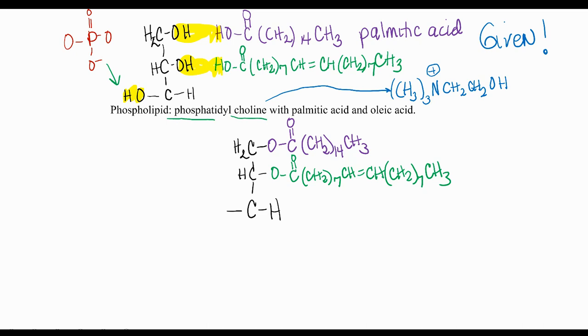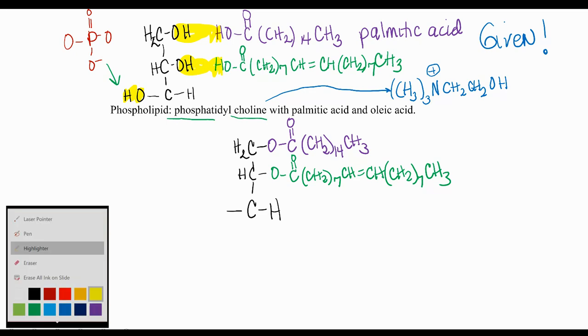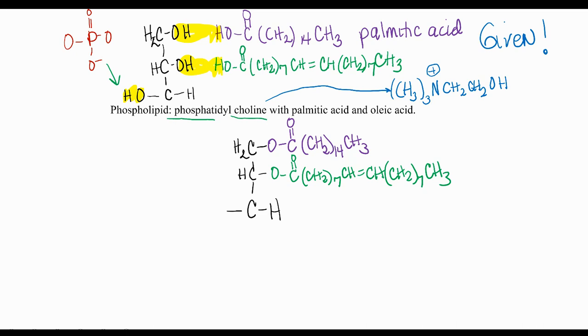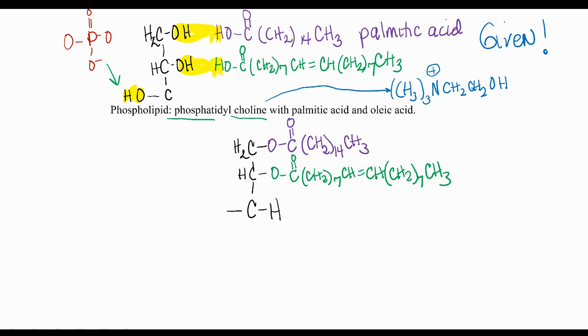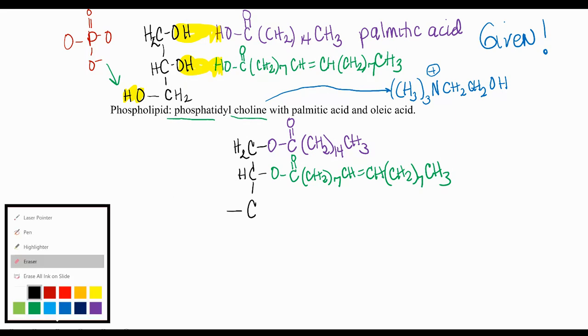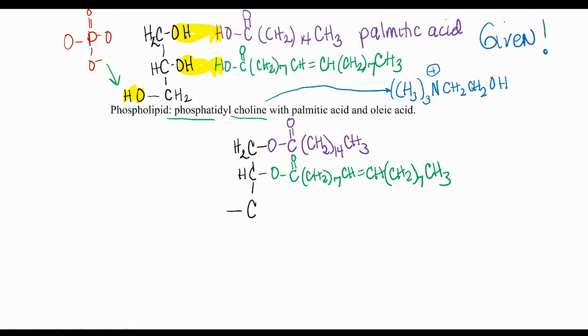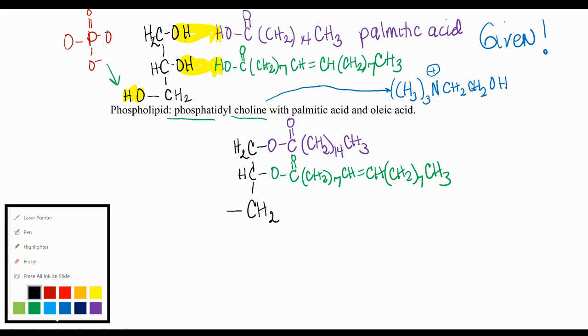Okay. And the other thing that I realize I'm missing here is, so let me erase that real quick. That would have 2 hydrogens on there. Okay, so with this in mind then, I'm going to do something a little bit different with that green.